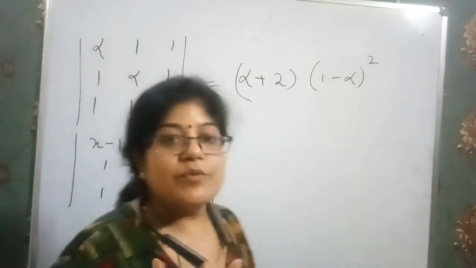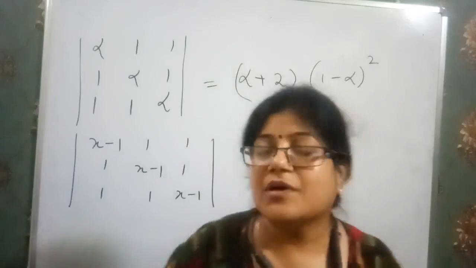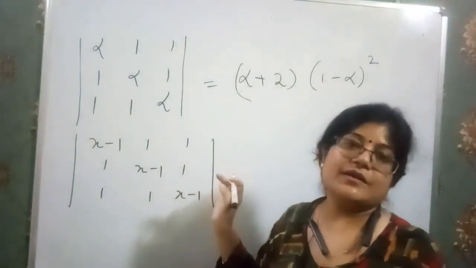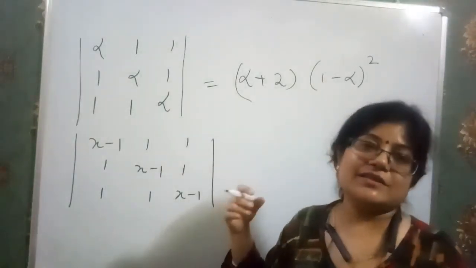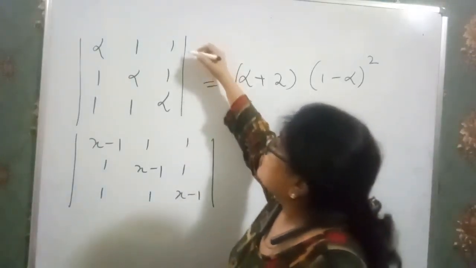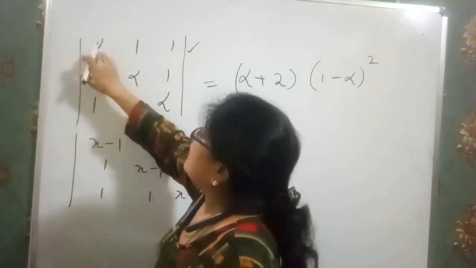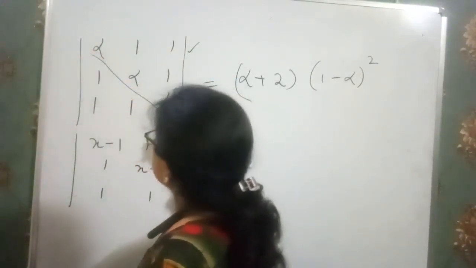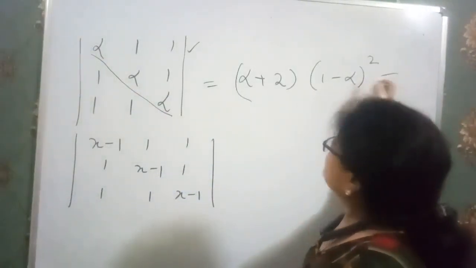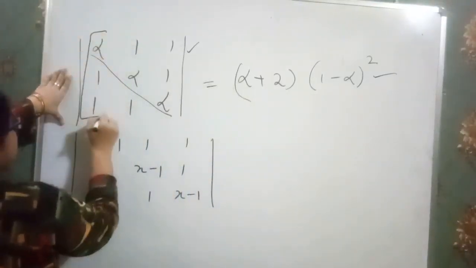Before going to tell some more questions which were asked in previous years, I just want to share with you a trick in order to find the value of a determinant. Just by remembering that trick, you can easily apply it in some other questions also. Okay, if the determinant is in this form, that means we have 1 at every place, and the trace elements, that means diagonal elements, are the same, then the value of that determinant is just to add all these.